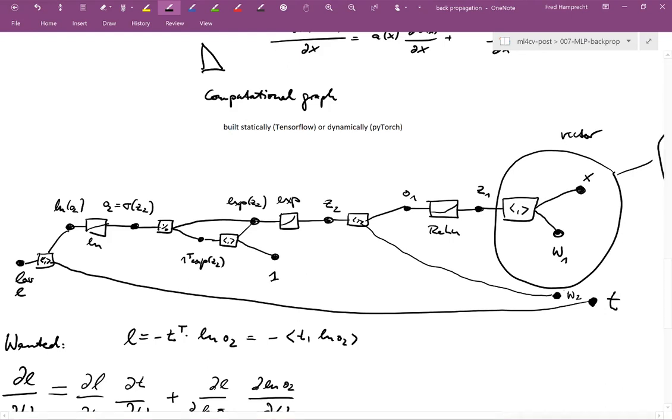Now, in most cases, I'm not interested in a derivative with respect to the target because the target is just given. Also, in most cases, I'm not interested in the derivative with respect to the input because the input is also fixed. But usually, you are interested in the derivatives with respect to the parameters, w1 and w2.